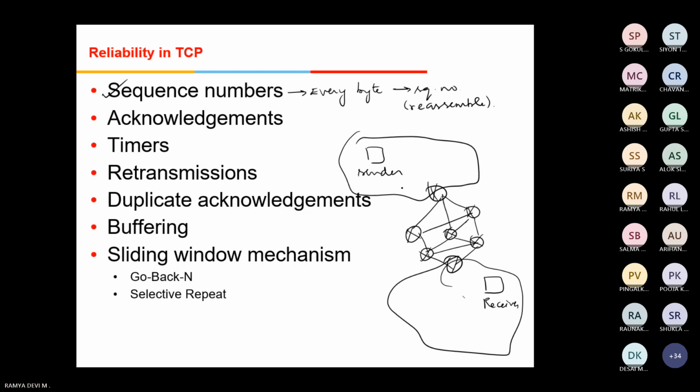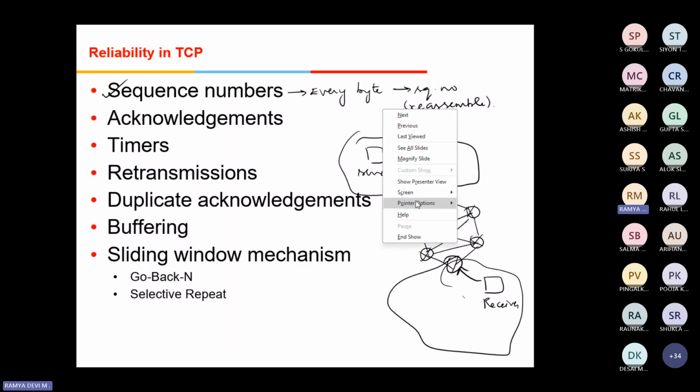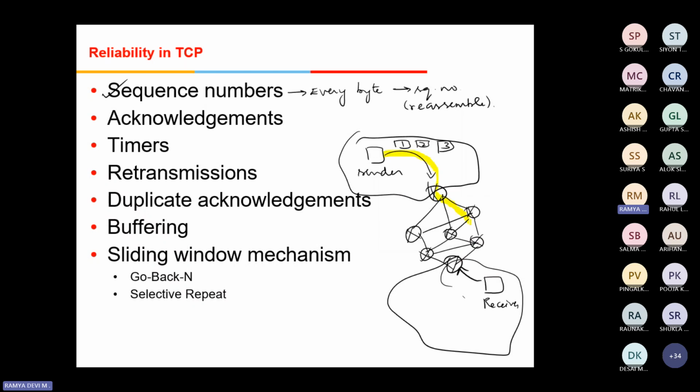So it will send the packets; this is how the connections will be. If the sender wants to send 3 packets, it is not necessary that all the packets will take the same path. The first packet can take this path to reach the destination, the second packet can take this path, and the third packet can take this path.